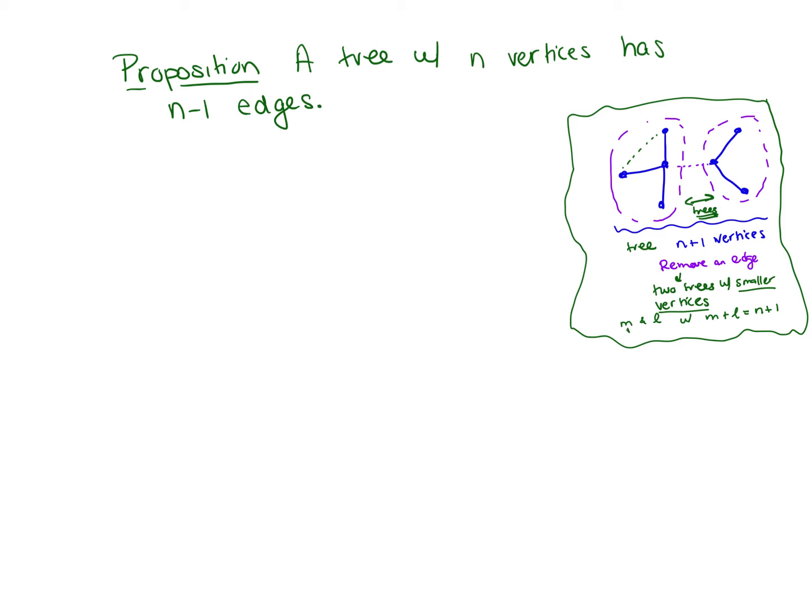Then the first tree has m minus 1 edges, and the second has l minus 1 edges. Together, they have m plus l minus 2 edges. But m plus l is n plus 1, so I subtract 2 to get n minus 1 edges. But then there was the initial edge that I removed. So that gives me n edges, which is what I want for n plus 1 vertices.